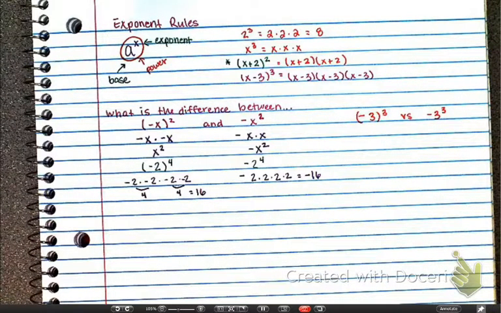What do you get in that situation? So the easiest thing to do would be to break it down to what it means and then multiply it out.